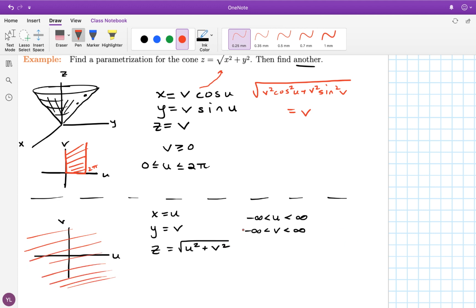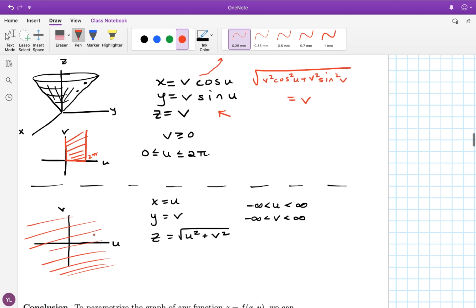And so there are a couple of interesting observations to make. This parameterization looks completely different than this one formulaically, and the parameter space is different as well. When I take a geometric perspective of how this parameter space parameterizes the cone, you can imagine wrapping this infinite rectangle onto the cone in a certain way that captures the formulas that we have here, and it looks quite different from how we're wrapping the parameter space onto the cone here.